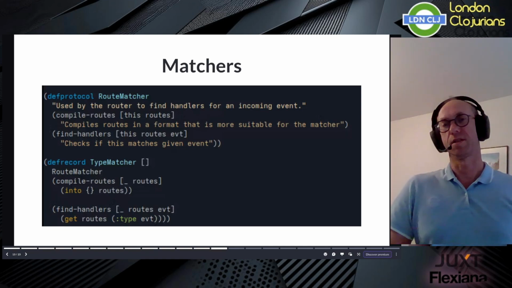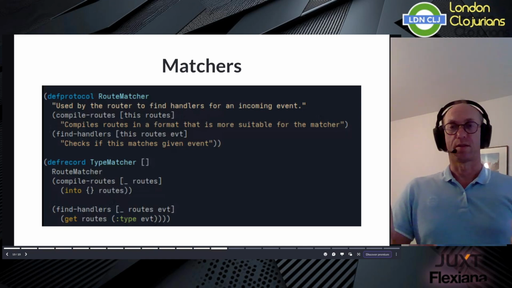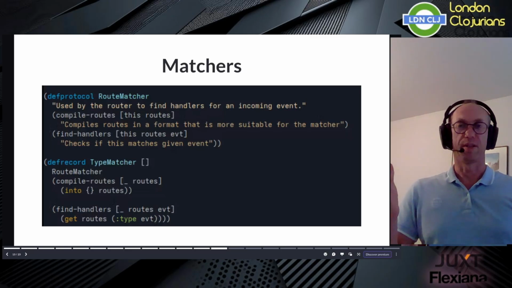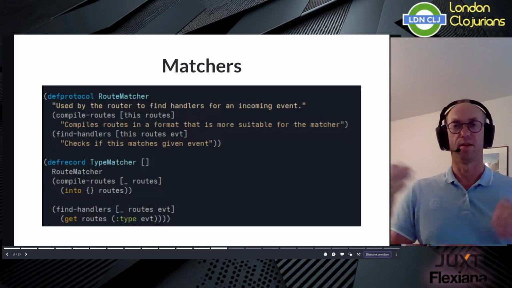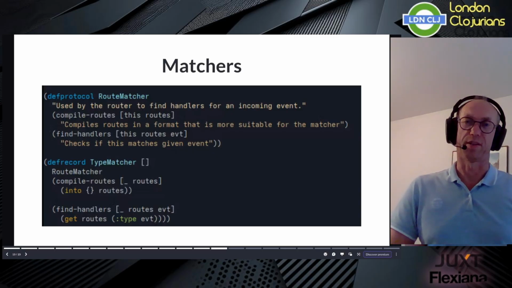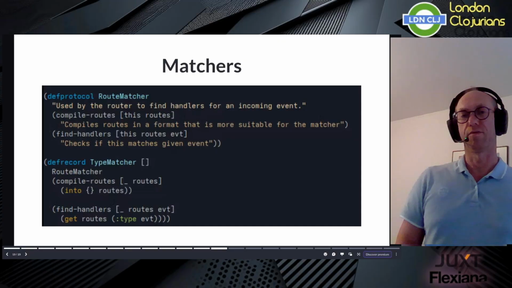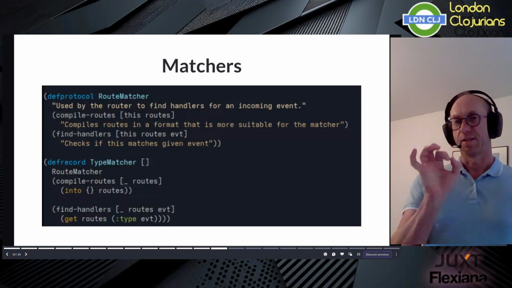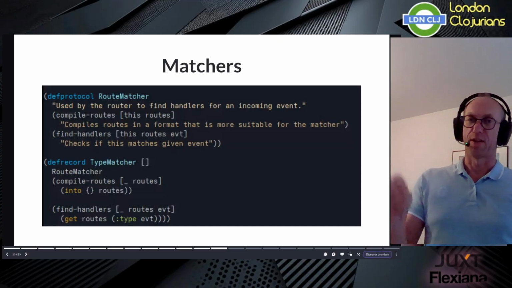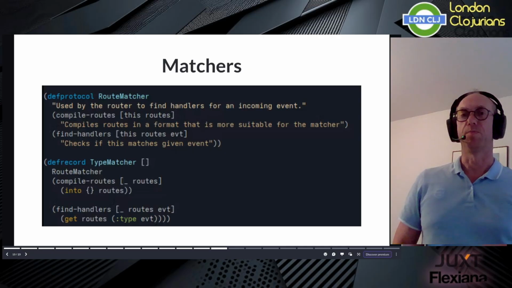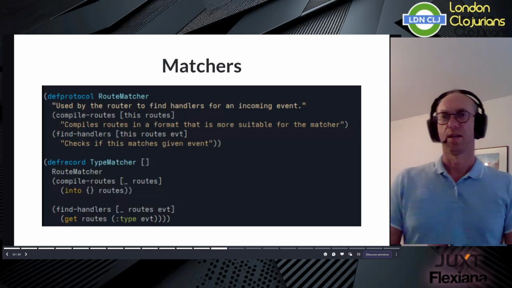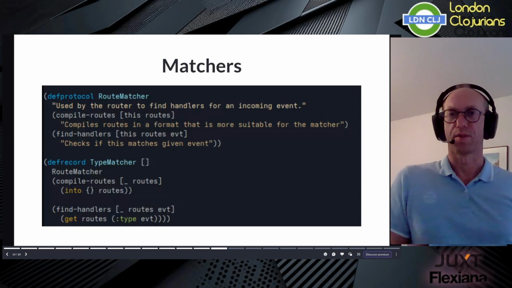What this does is it just compiles the routes by putting them simply in a map, which makes it a lot faster to look them up, and it matches by type. So we see here the last line of the snippet. It takes the type from the event and then looks that up in the compiled routes. So the routes that it receives are actually the compiled ones.